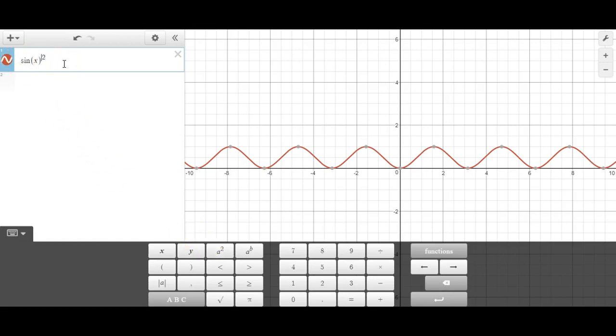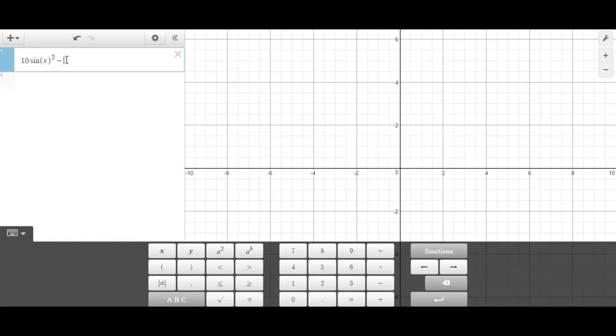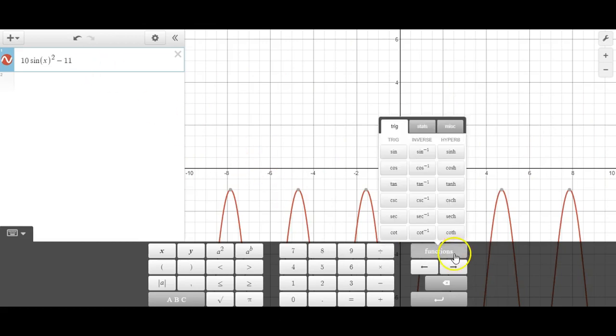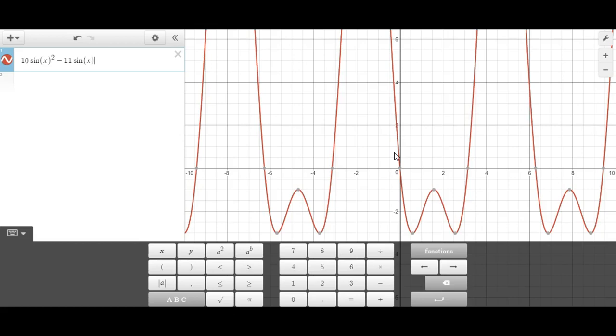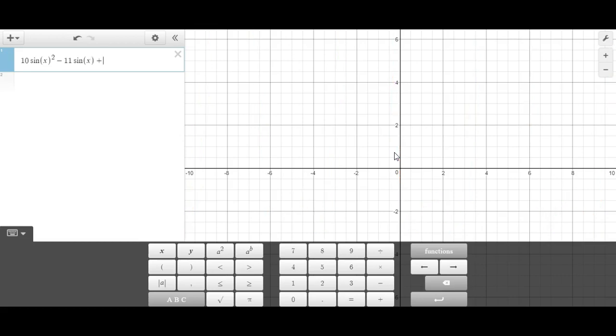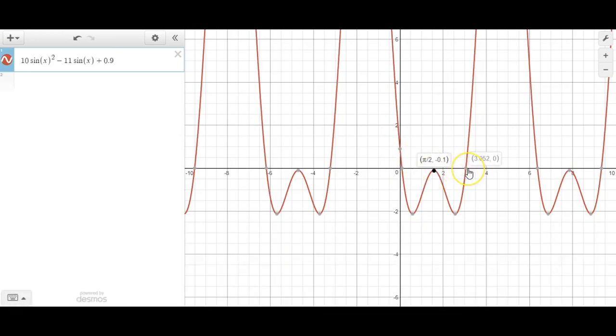We can pop in a 10. And then we want minus 11 sine of x plus 0.9.